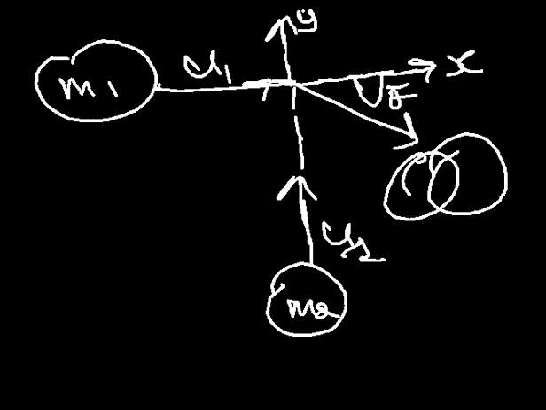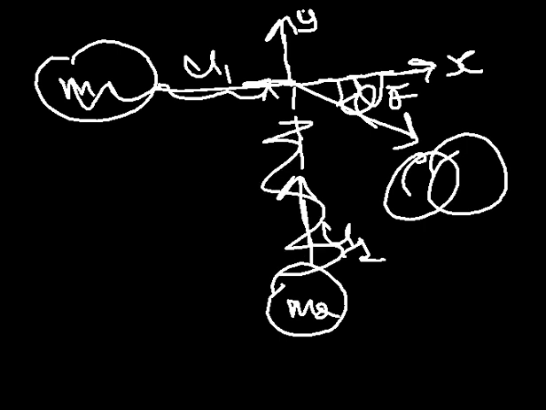Let's say after collision the objects are moving at an angle theta with respect to the x-axis. You should understand that before collision, object 1 is moving horizontally and object 2 is moving vertically. So how should you analyze the collision in this case?